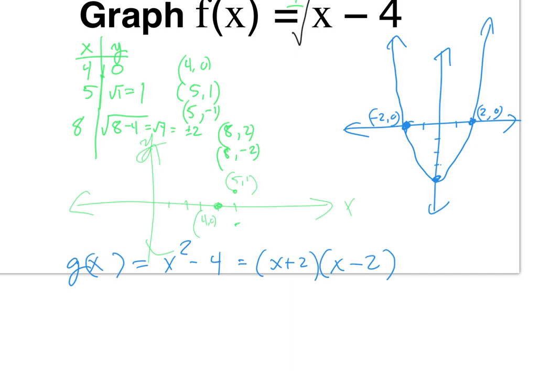And I'm over here at 5, comma negative 1. 6, 7, 8, 8, comma 2, 8, comma negative 2. And you'll see that it is a parabola turned on its side.